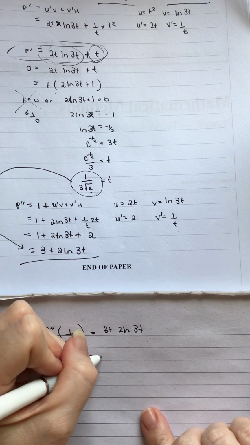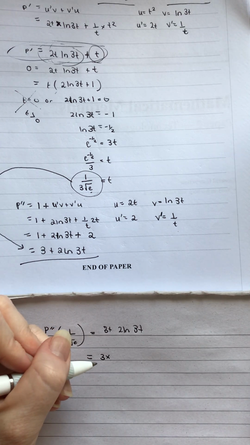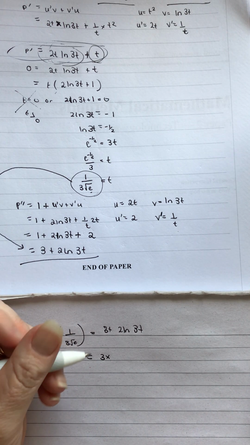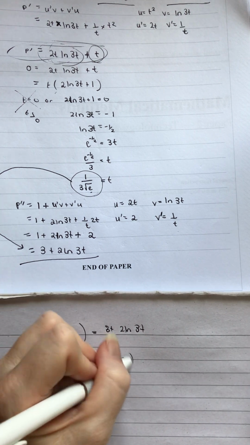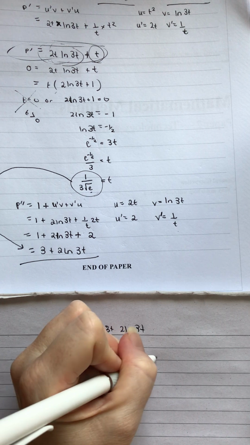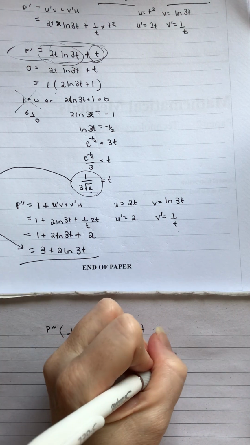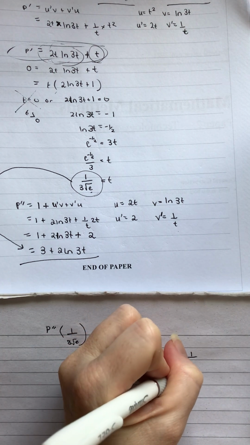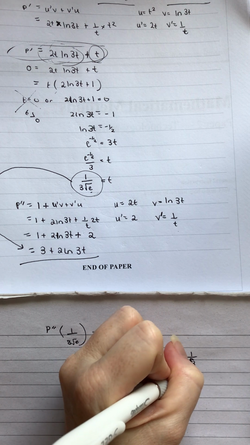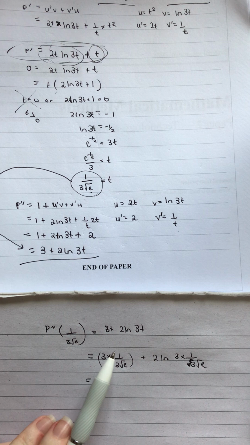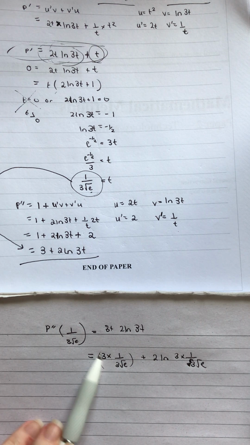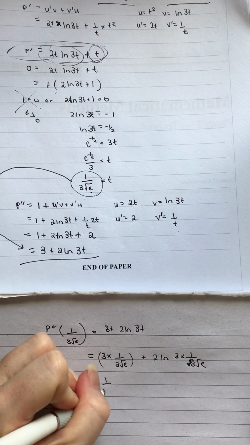Putting that in, I've got 3 lots of my 1 on 3 root e there, plus 2 ln of 3 lots of 1 on 3 root e. If I times by 3 there, I'm just left with my 1 on e.